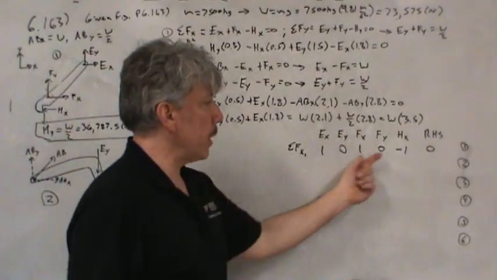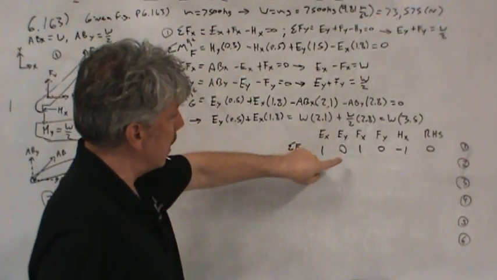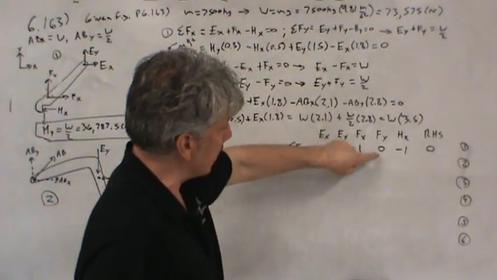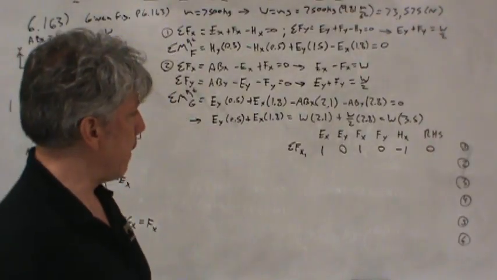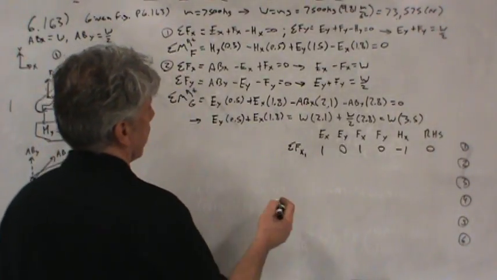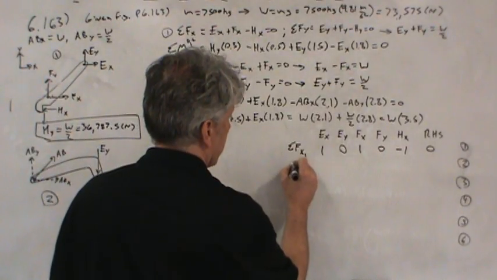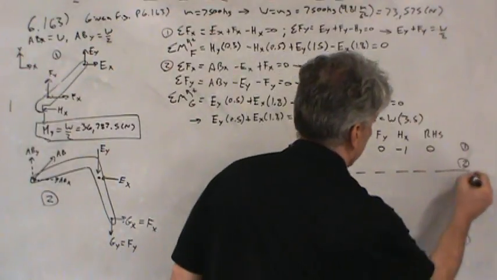So all I'm doing is pulling off the coefficients. You can recreate the equation by saying 1 times Ex plus 0 times Ey plus 1 times Fx plus 0 times Fy minus 1 times Hx equals 0. It's really a linear algebra technique, but it's very powerful, very useful. If we sum forces then in the y direction on body 1, this will be equation 2.